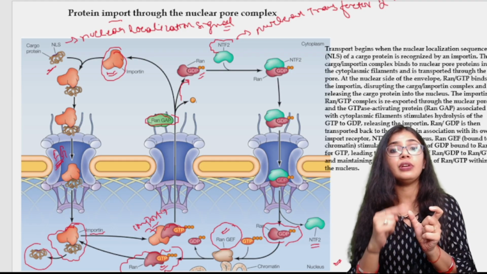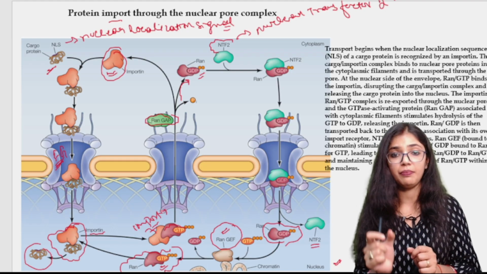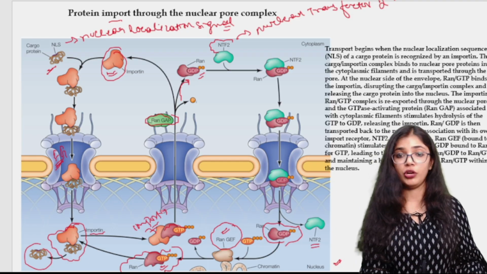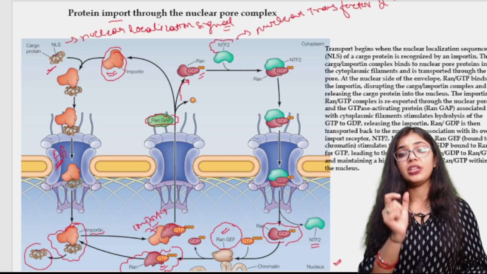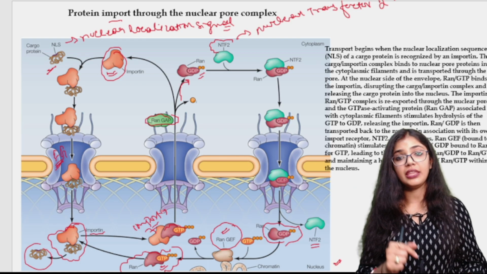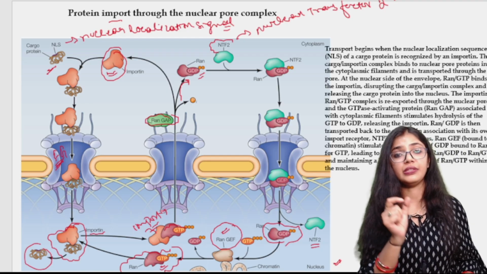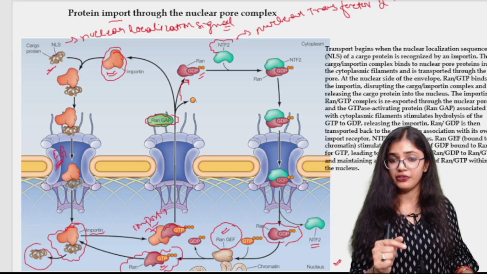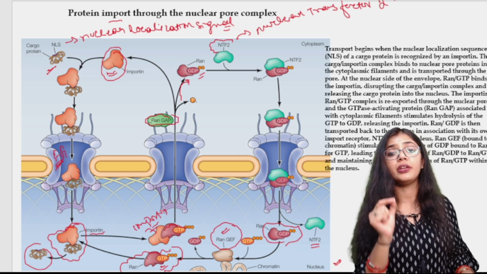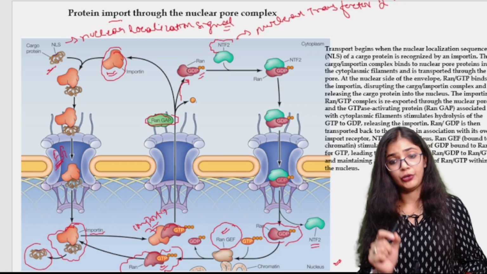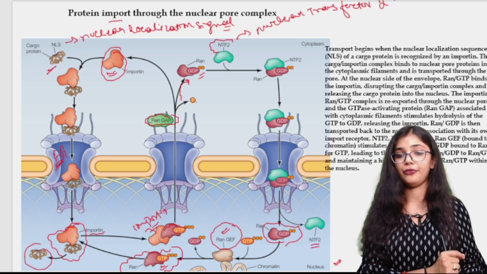It will help in converting the RAN GTP into RAN GDP and it will separate the importin protein. Now this RAN GDP will be transferred inside the nucleus with the help of nuclear transfer factor 2. Once inside the nucleus, it will be converted into RAN GTP with the help of one protein known as RAN GEF.